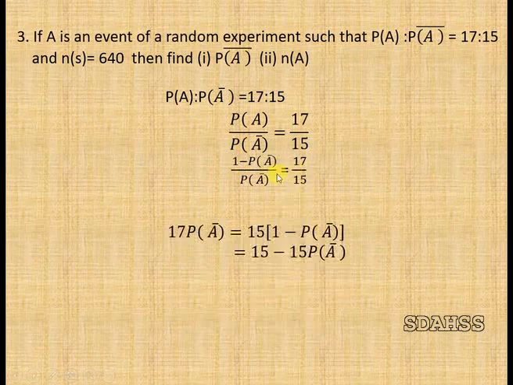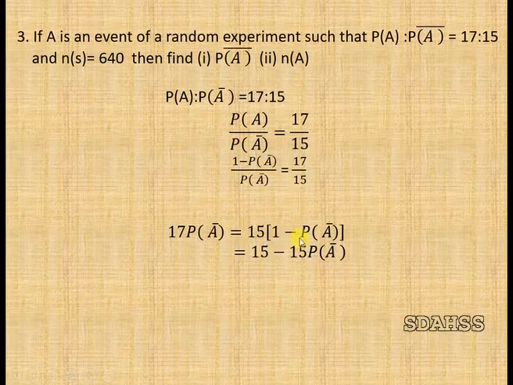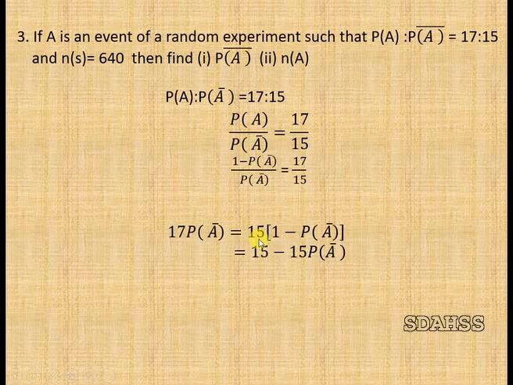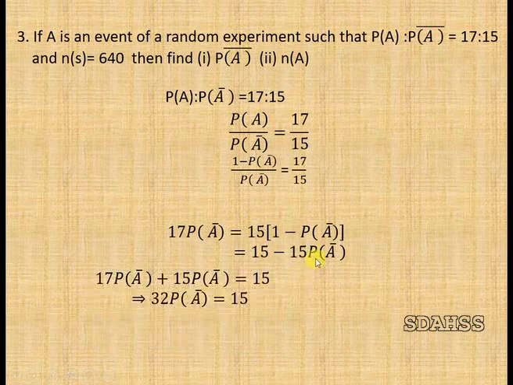Cross multiply. So you have 17 P of A bar is equal to 15 into 1 minus P of A bar. Multiply 15 inside the bracket, so you have 15 minus 15 P of A bar. You bring this 15 P of A bar to the other side, it becomes positive.